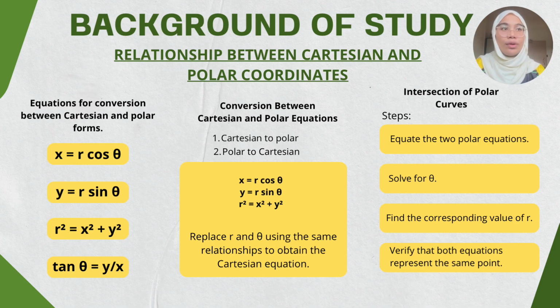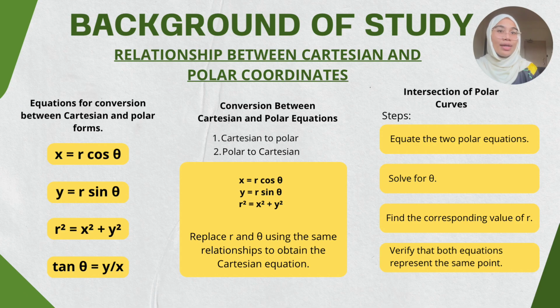The conversion works the same way from Cartesian to polar and from polar to Cartesian, vice versa. We replace r and theta using the same relationships to obtain the Cartesian equation.